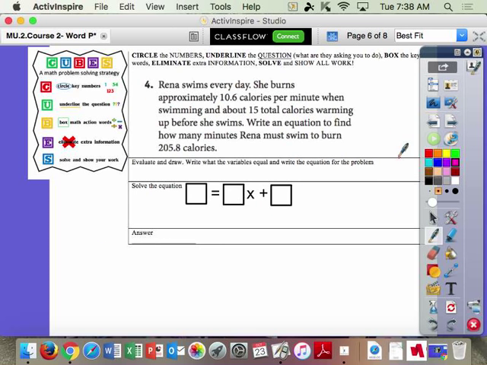All right. Moving on. Rena swims every day. She burns approximately 10 6/10 calories per minute when swimming, and about 15 total calories warming up. Write an equation to find how many minutes she has to do. All right, so what is next to that per?